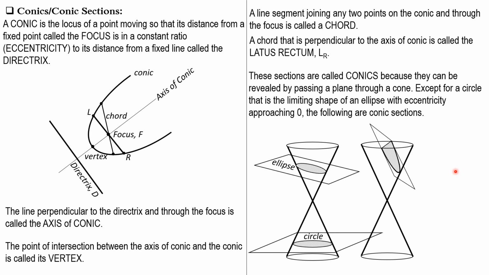And finally, when the section is crossing these two cones here, parallel to the axis of the cone, then we have a hyperbola that is revealed, as shown in this section here. So those are the different sections. Remember that only ellipses, parabolas, and hyperbolas are considered conic sections.